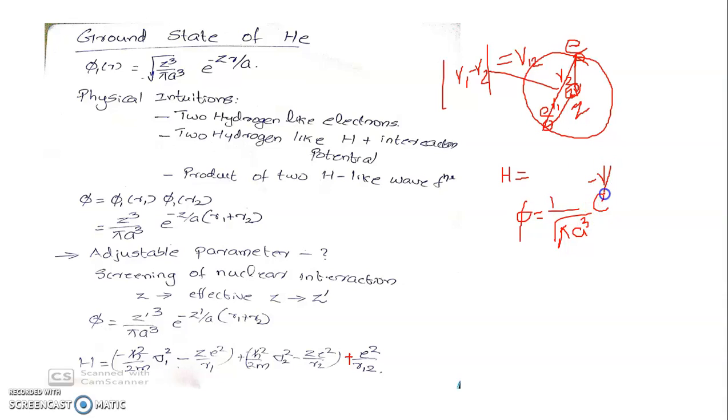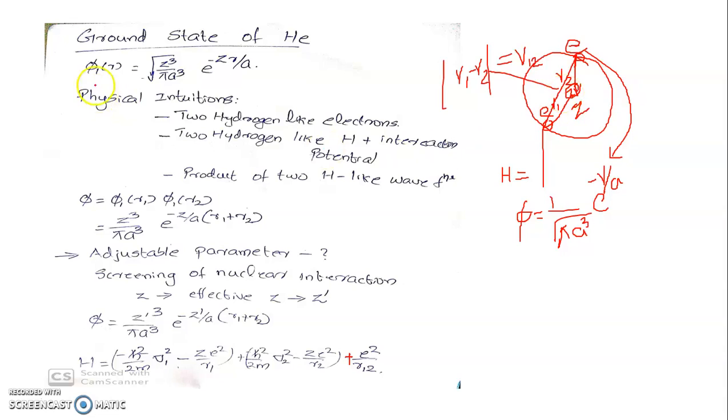Here also in the ground state you can have a similar wave function representing the first electron, and an identical wave function could be taken to represent the second electron as well. Then for the overall system, the wave function could be taken as the product of these two hydrogen-like wave functions representing the two electrons in the system.